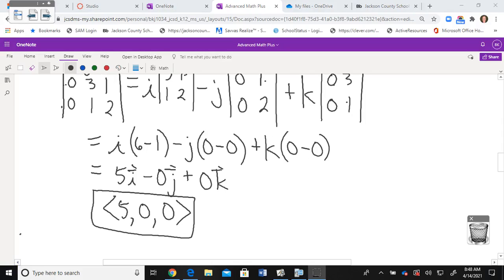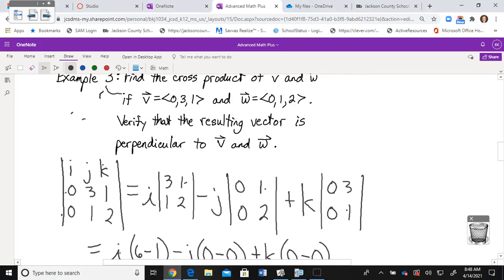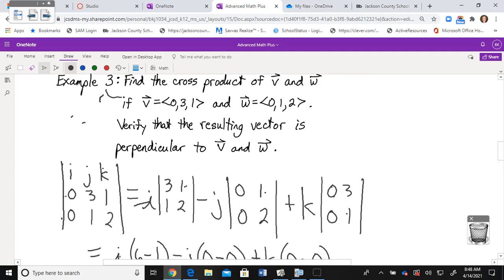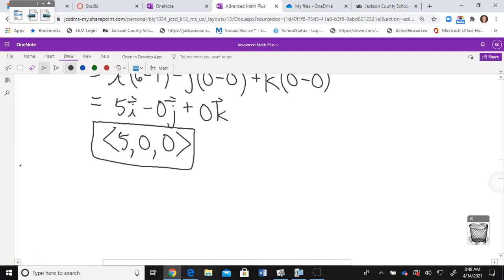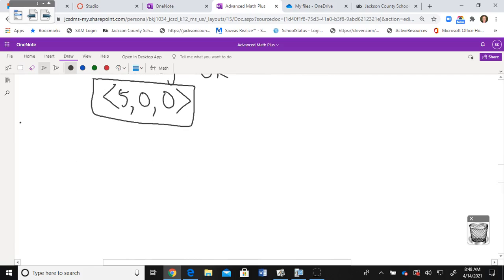So, now that we have our answer, the second part of the question says to verify that the resulting vector is perpendicular to vector V and vector W. So we're going to take our answer and verify that it is perpendicular to our other 2 vectors. And how do you verify if something's perpendicular or not? The inner product. You do the inner product with them. So we're going to take our answer, 5, 0, 0, and do the inner product with the 2 vectors that were in the question.